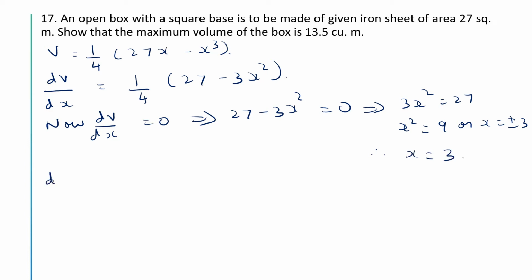Now we will find d square V by dx square from this equation. So it is equal to 1 by 4 into 0 minus 3 into 2x.